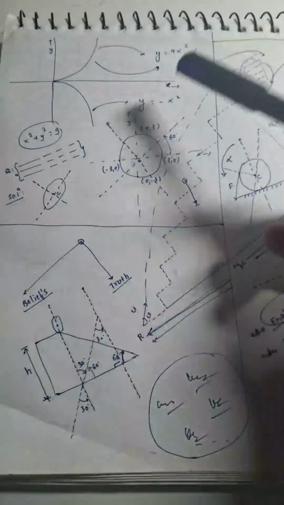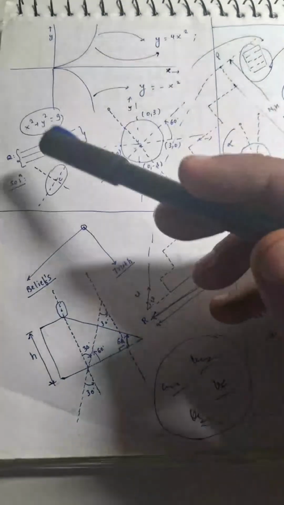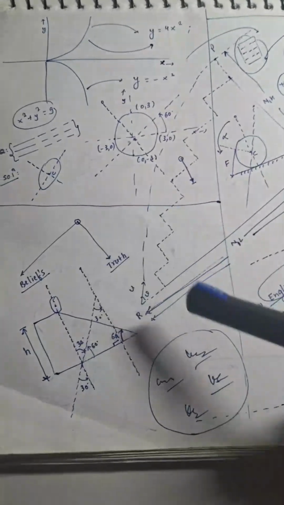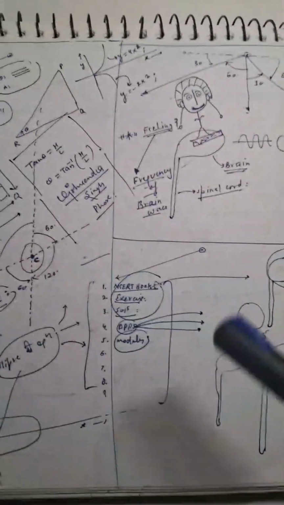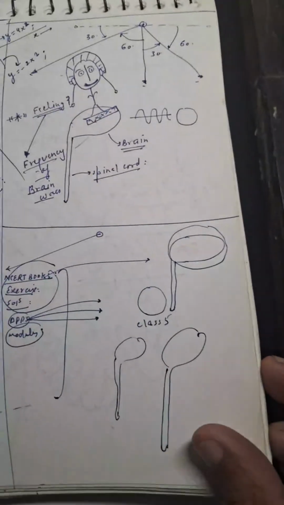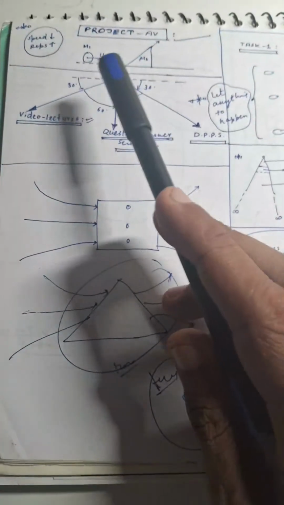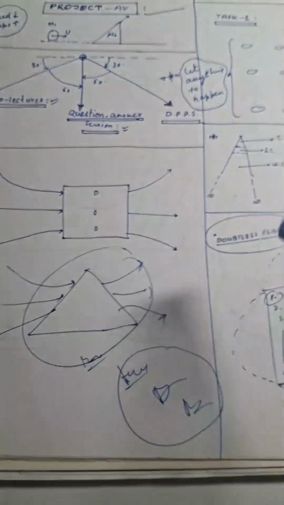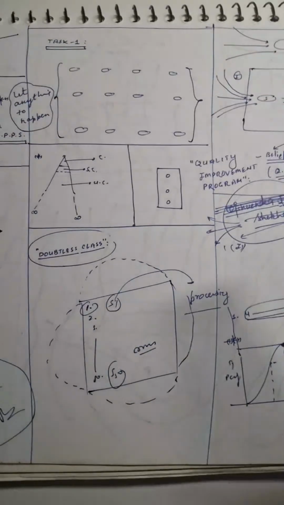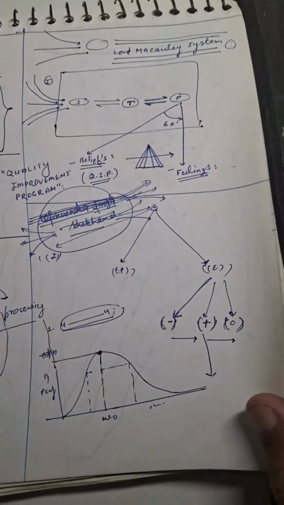Then we have some problems based on parabola, then circle, various points related to that, beliefs versus truths. So here is the analysis of this point. Then we have a certain problem on collision between block and wedge, various questions related to video lectures, question answer session, DPPs.